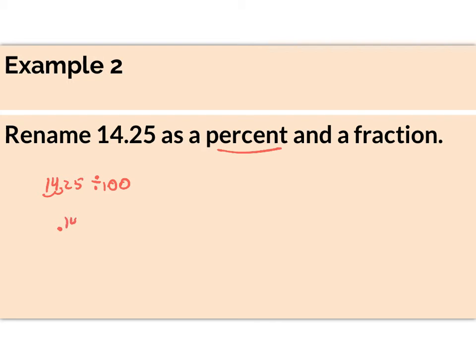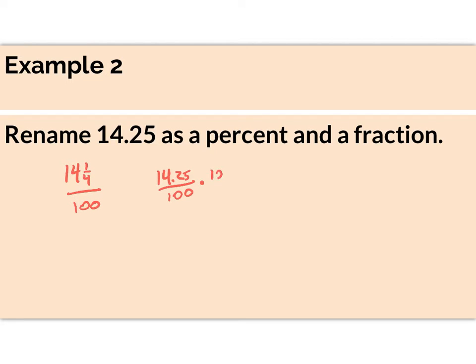So 0.1425. That's renaming 14.25 as a percent. You may also recognize 14.25 is 14 1/4 over 100. Or we can leave it as 14.25 and divide it by 100, but you can't have decimals. So now we know we have to go 2 spots.